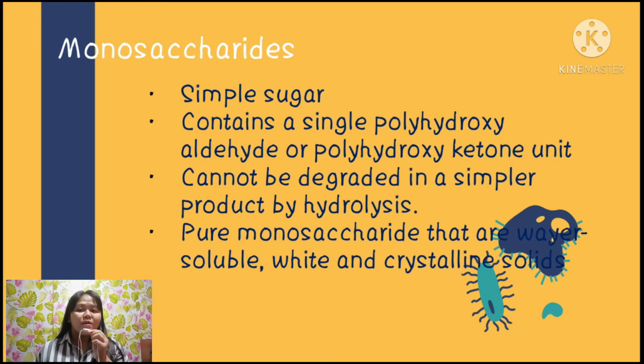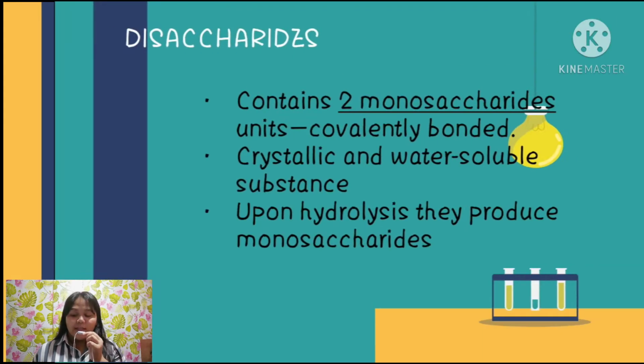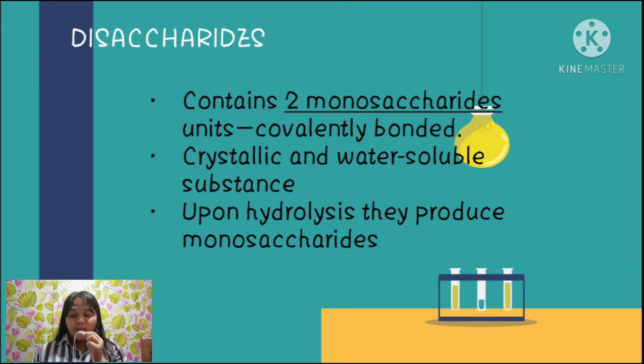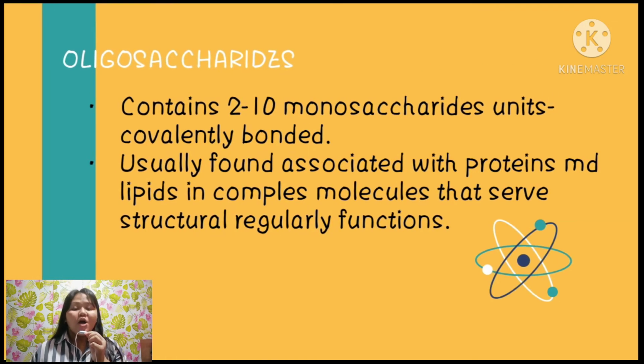After monosaccharide, the second one is called disaccharide. A disaccharide contains two monosaccharide units, covalently bonded. It is a crystalline and water-soluble substance. Upon hydrolysis, a disaccharide eventually produces monosaccharides. Then we have oligosaccharides.